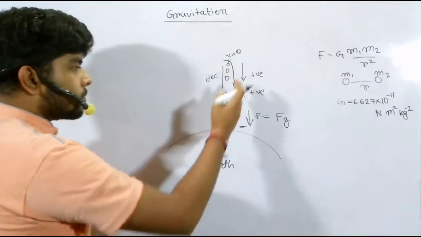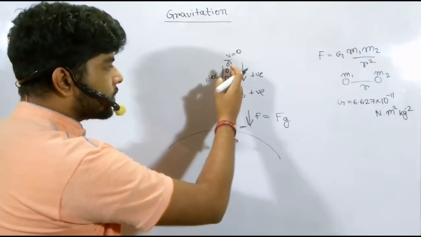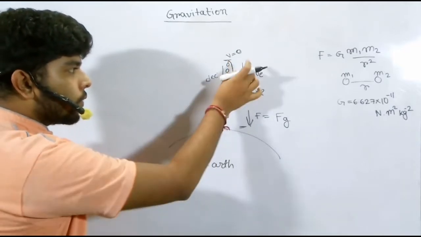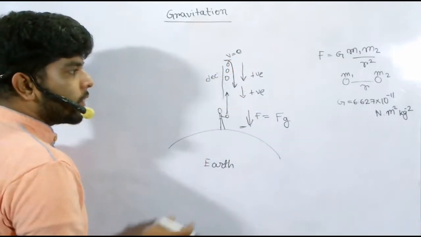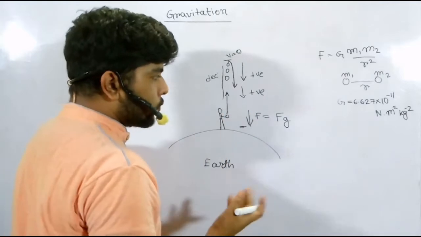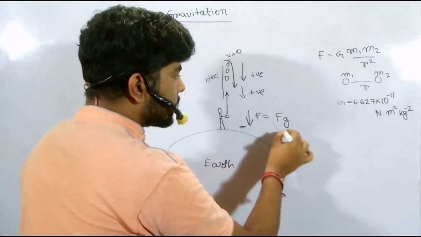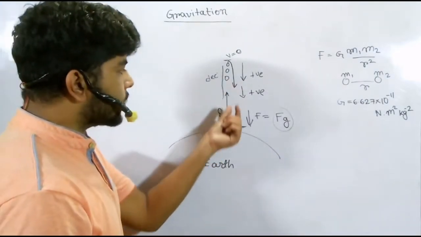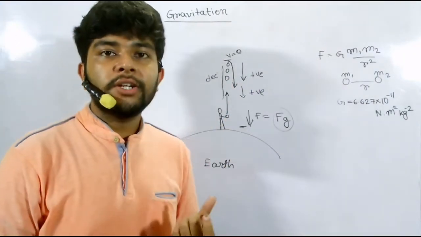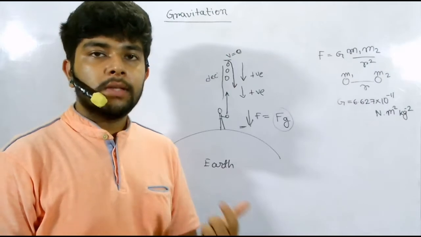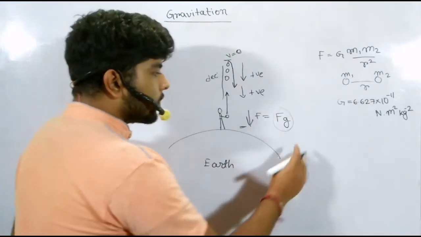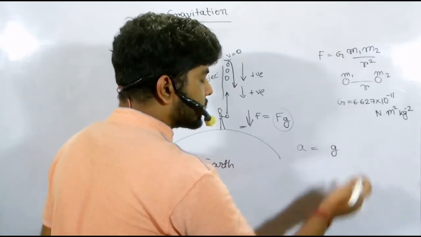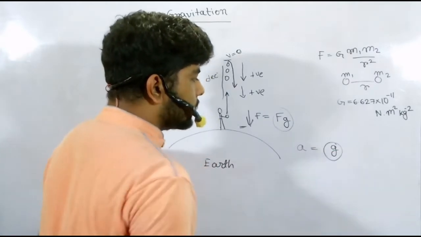So when the object falls, it falls with acceleration. By which force? Here the force is gravitational force, and the acceleration is known as acceleration due to gravity. We know the symbol of acceleration is a, but acceleration due to gravity we write as small g.